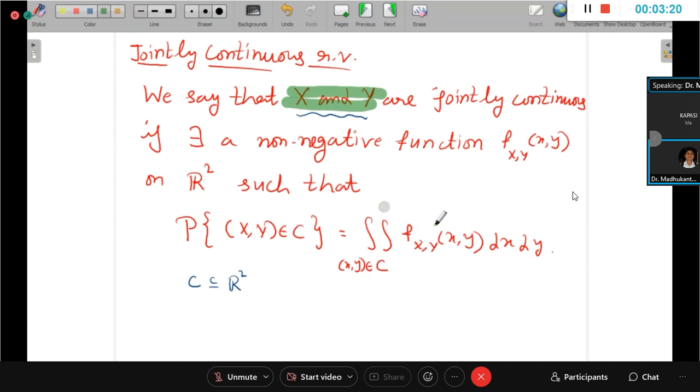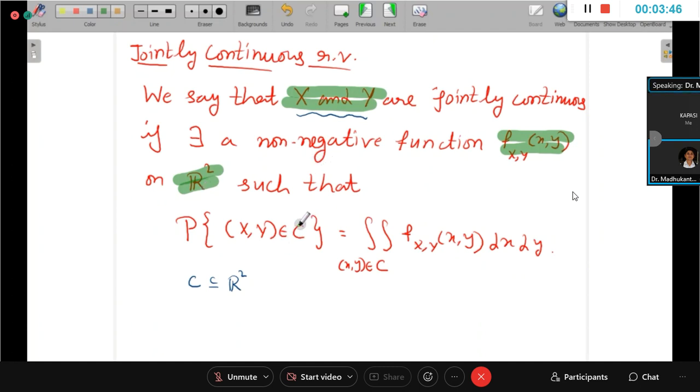We say that X and Y are jointly continuous if you are able to identify a non-negative function, so you are going to have a double integral on R2. They are real valued. If you extend to one more variable, meaning three random variables, it is going to be in R3, and so on.